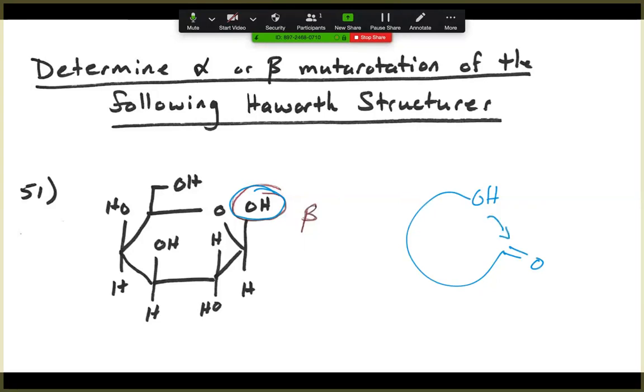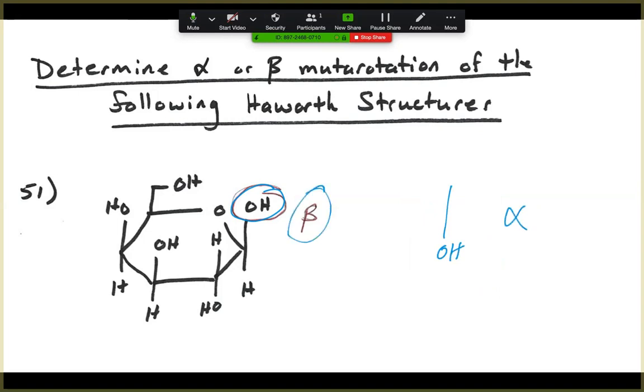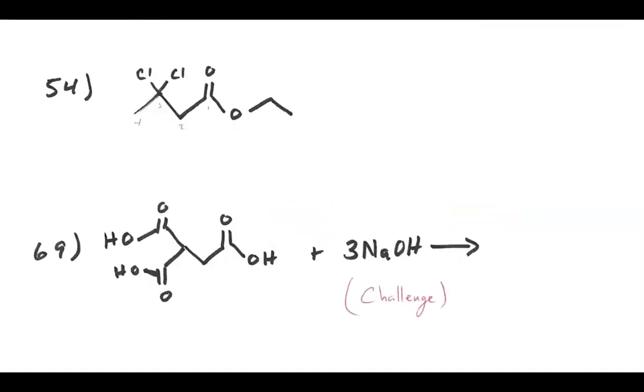There's a reaction that closes the ring, so it looks like this over here. Because this aldehyde group can rotate in space, sometimes it points up, sometimes it points down when that ring closes. When the alcohol group points up, it is beta. With the alcohol group pointed down, it would be alpha. And as you can see, because I just took a screenshot, the alcohol group in that position is pointed up. It has to be the beta structure of that sugar.